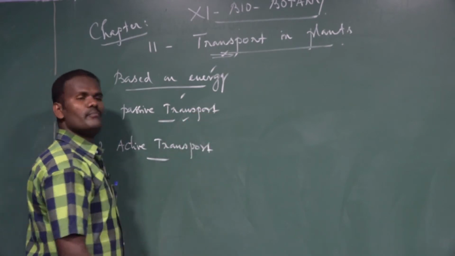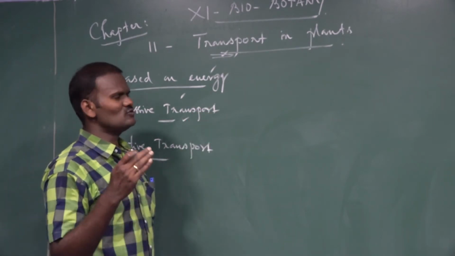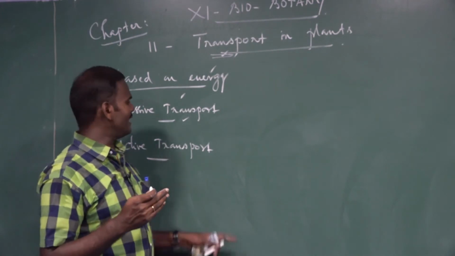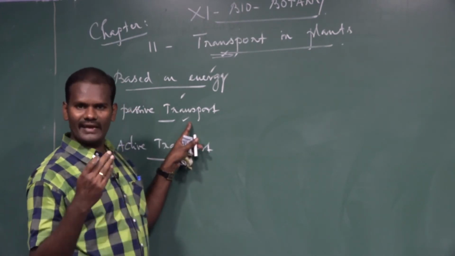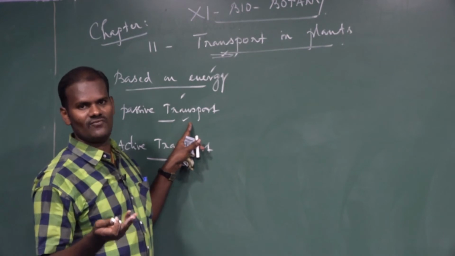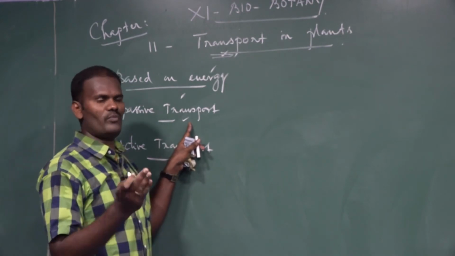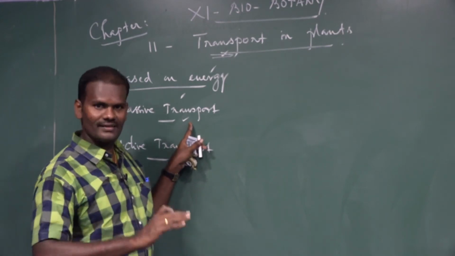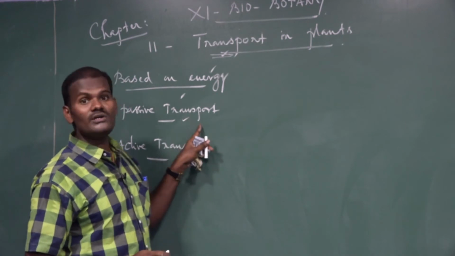What do you mean by passive transport? It is a slow process. There is no requirement of energy; ATP is not essential for translocation of molecules from one region to another region. It is a downhill process.